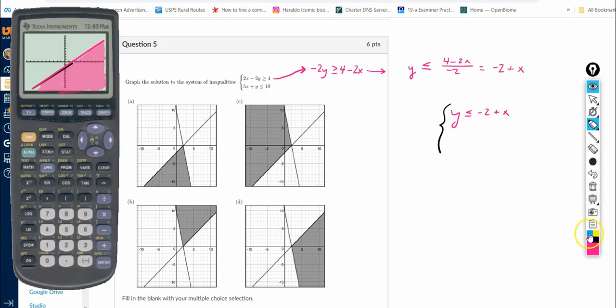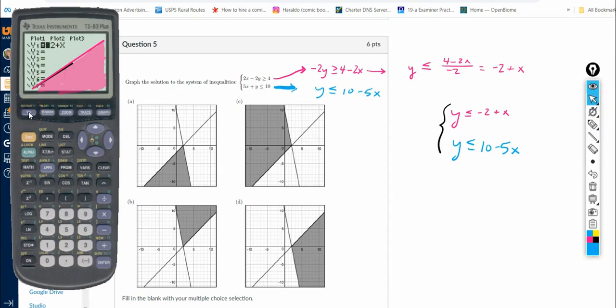Okay, now let's do the other region in blue. To get y by itself there, we don't have to do much at all. We just have to subtract 5x from both sides. And subtracting does not change the arrow. So I want the blue line and everything underneath it.